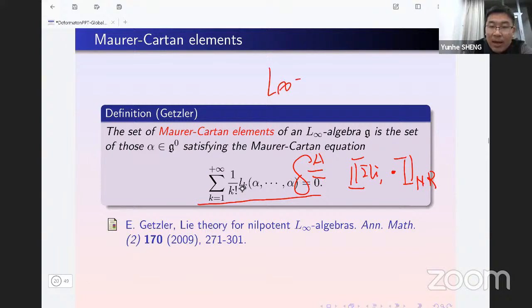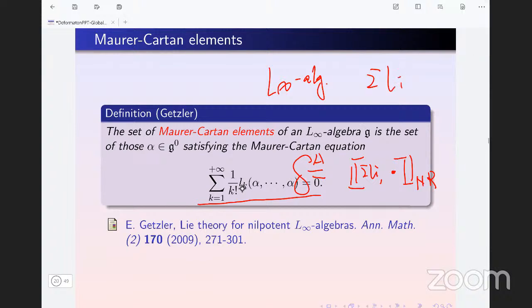First you have an L-infinity algebra, then you have sigma, and you define d to be taking the bracket with sigma. So this will give you the coboundary operator. Thank you.